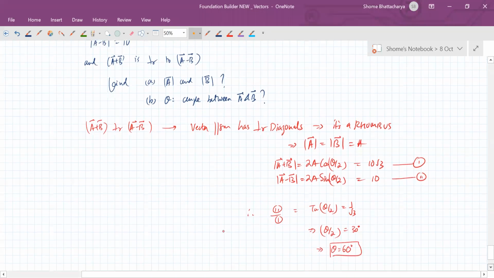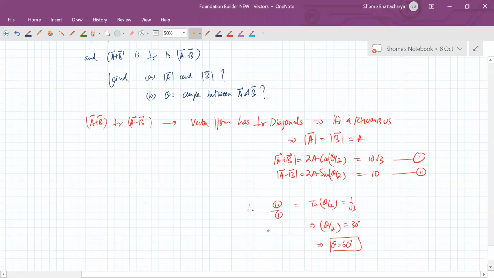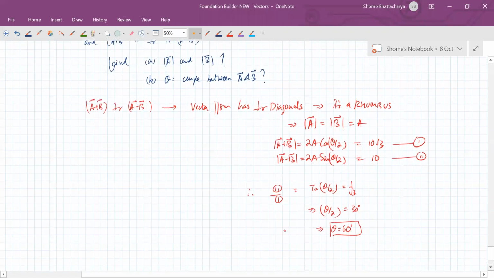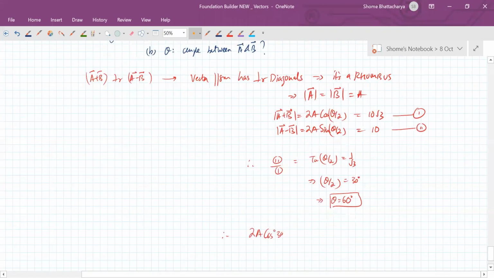Okay. So that means 2a cos 30 is 10 root 3, equation 1, or 2a sin 30 is 10, equation 2. So either way a is equal to 10. Okay.